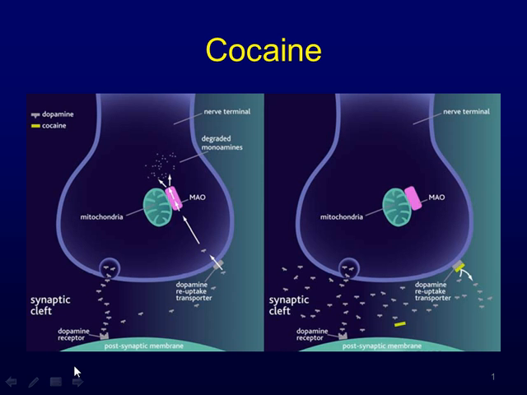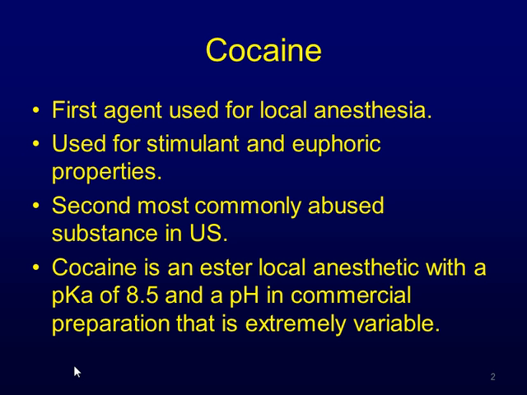All right, let's talk about cocaine. Cocaine is one of the first things that came out, and actually the person that was experimenting with this, Carl Koller, became addicted to it. But it is a very good local anesthetic, and it's a very good euphoric agent. When you take this cocaine, you inhibit the uptake of catecholamines, one of them being dopamine, and you stimulate the reward pathway.